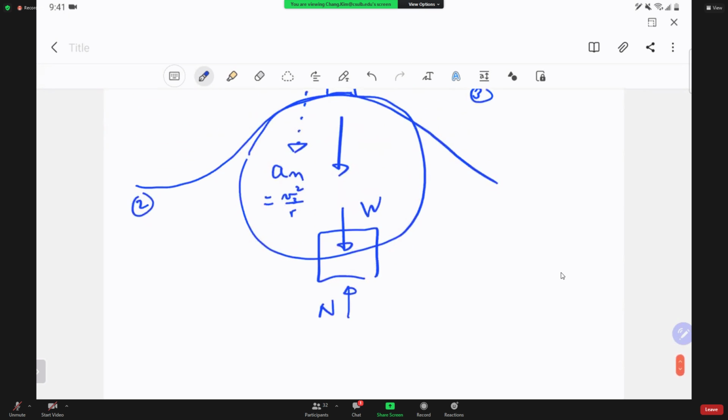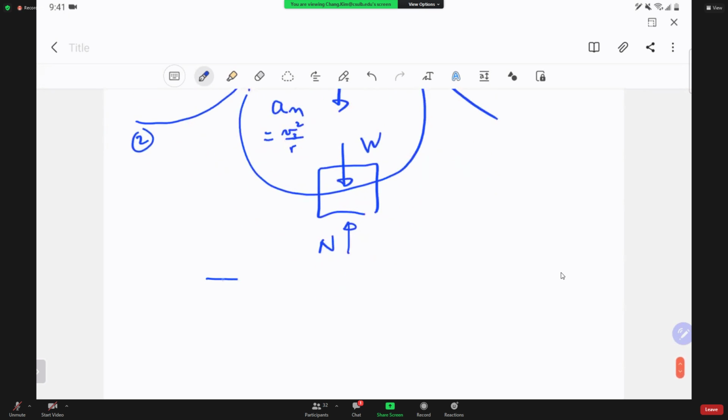Now, the summation of the force in the vertical direction has to be equal to m a_n. The direction of a_n is downward, and I'm going to take the load acting downward as positive.